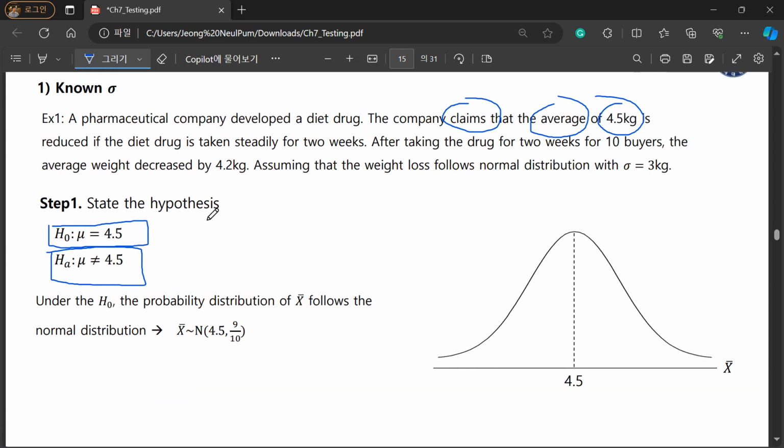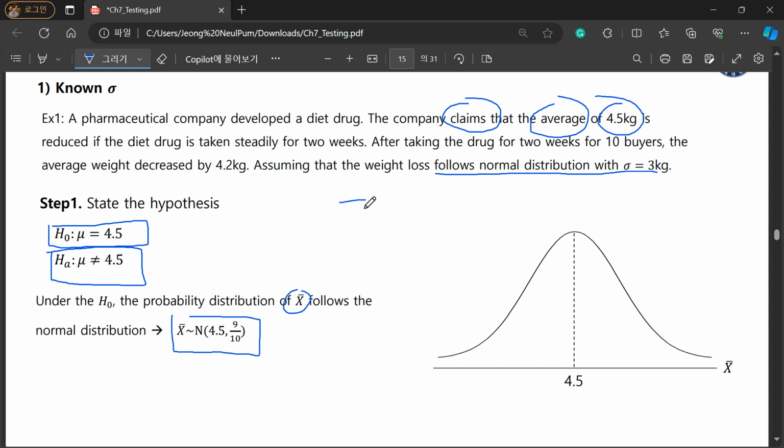We already know that when we assume that the null hypothesis is true, x bar follows this distribution, because the problem already said that the weight loss follows a normal distribution with sigma equal to 3.